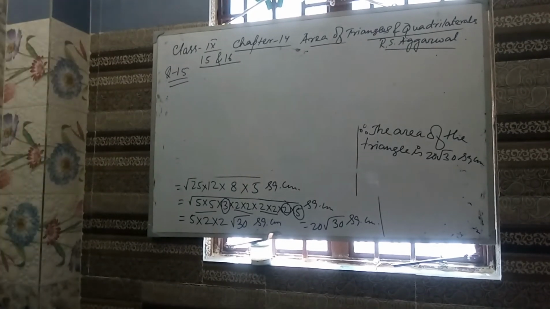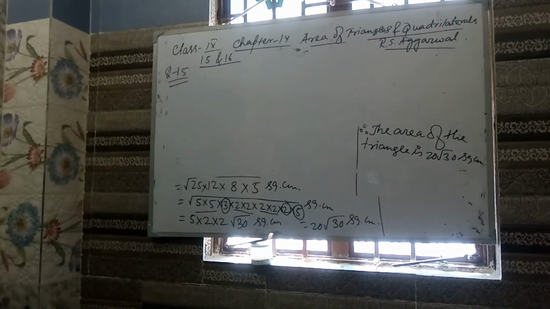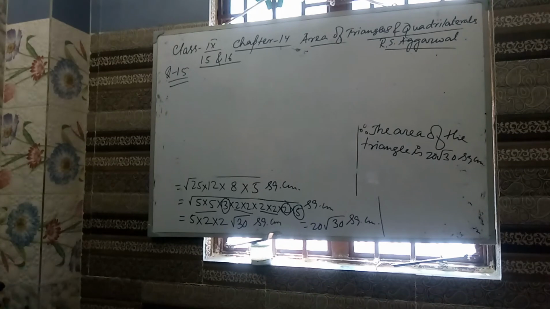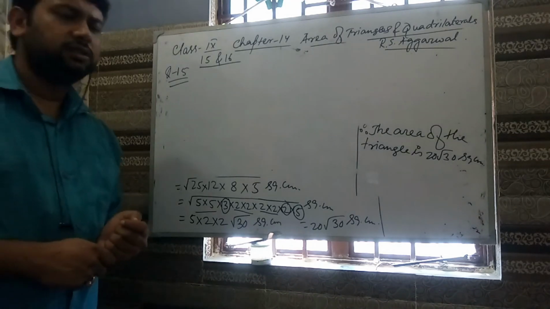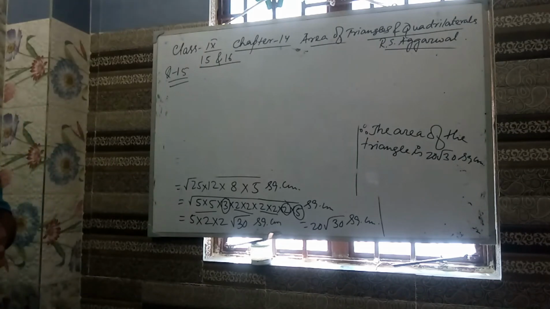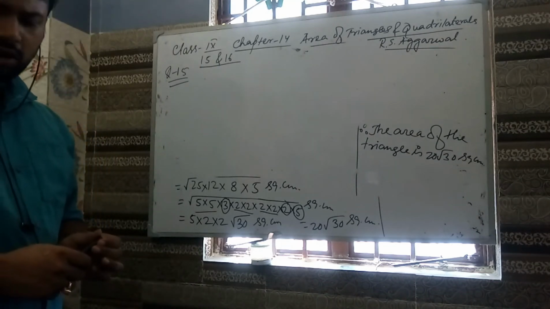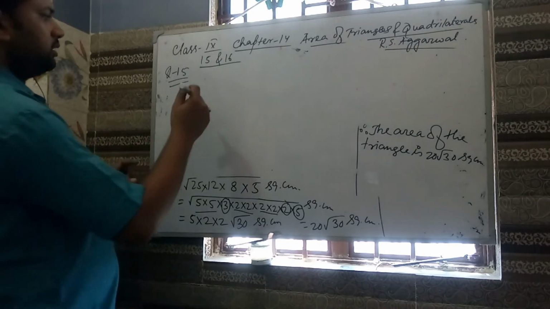Question number 15. The area of an equilateral triangle is 36 root 3 square centimeter. In the last class, you learned about the formula to find out the area of an equilateral triangle. What was the formula?